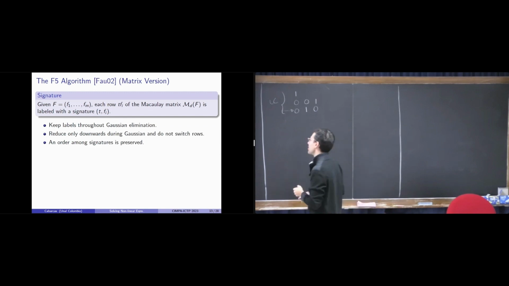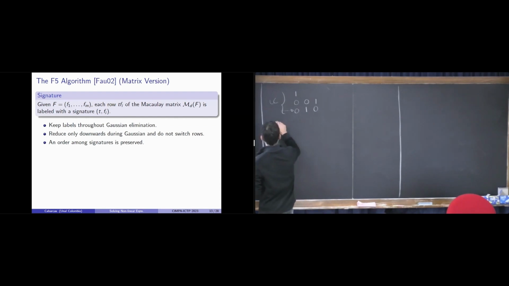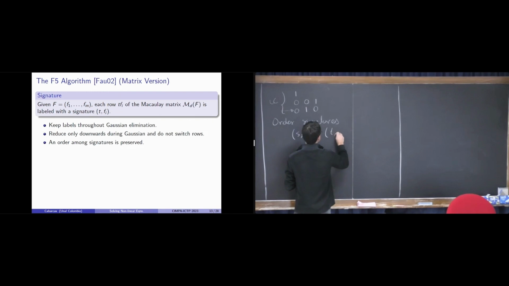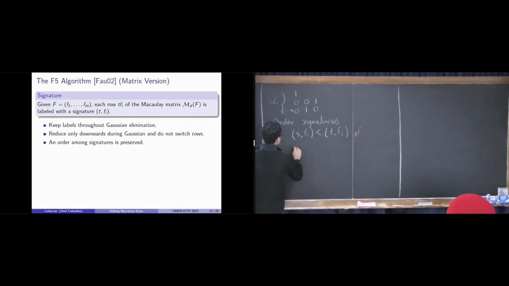So position first and a monomial later. This allows us to talk about an order in the signatures. So for example, let's say S is less than T, sorry, let's do position first.